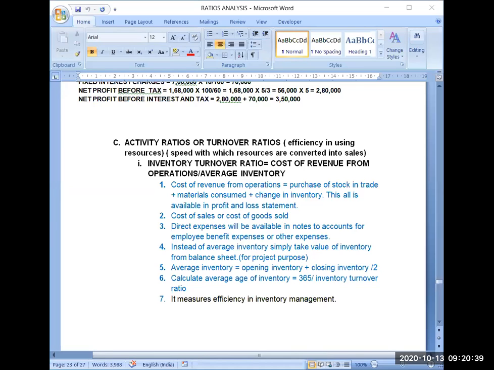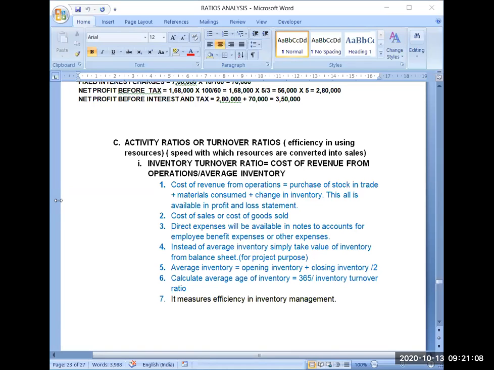See the formula of cost of revenue from operation: purchase of stock in trade plus material consumed plus change in inventory. It seems a little different, but change in inventory is equal to opening inventory minus closing inventory.